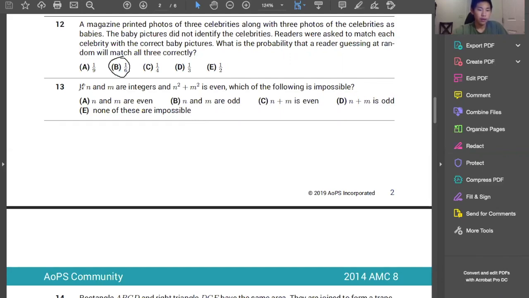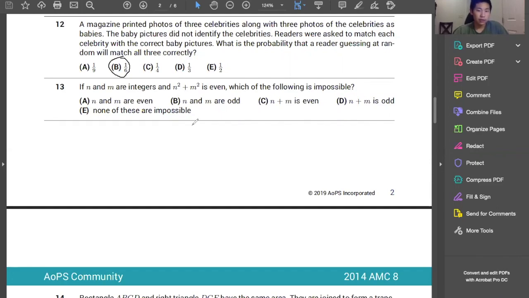So we have n and m, which are integers, and we know that the sum of their squares is even. And we want to know which of the following is impossible. Well, the only way for n squared plus m squared to be even is if n squared and m squared are both even or both odd.